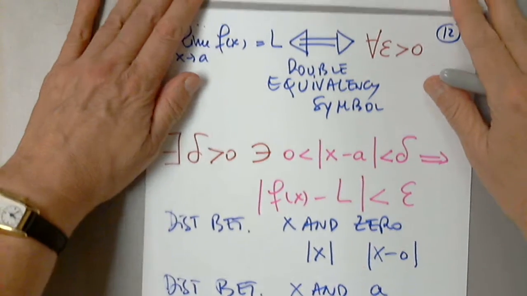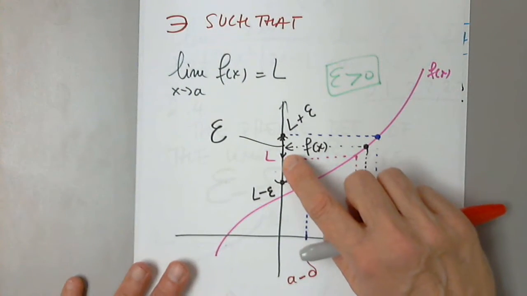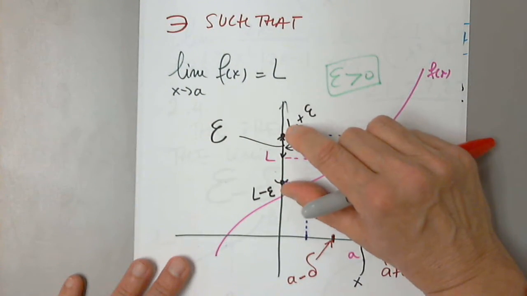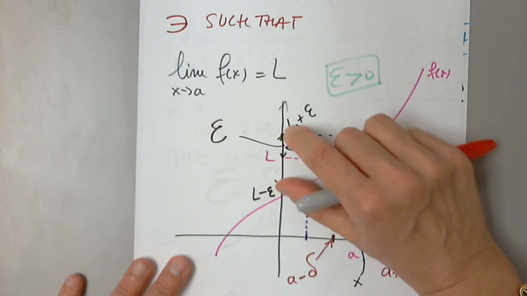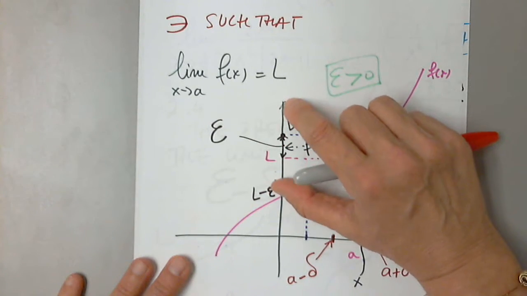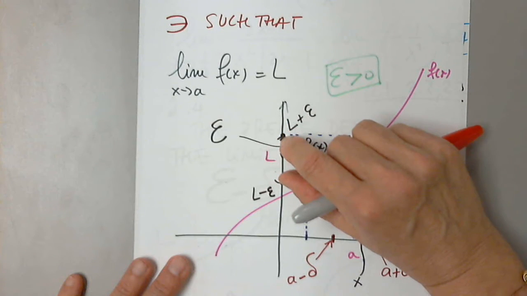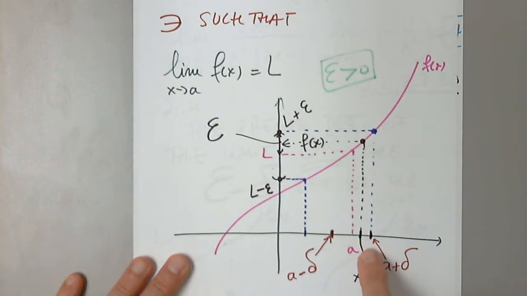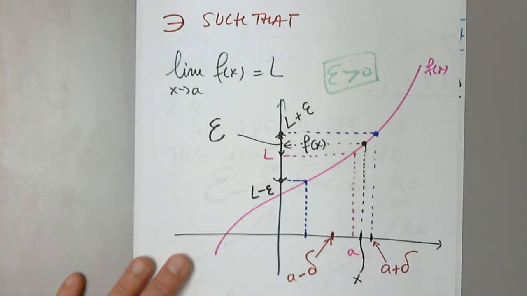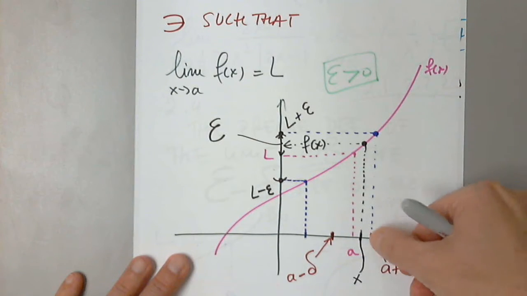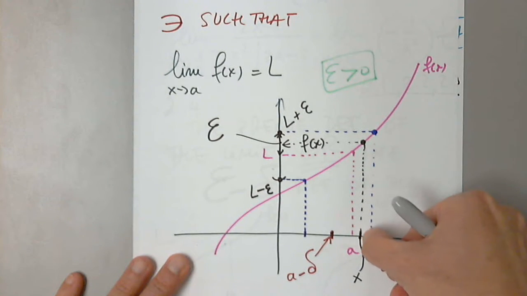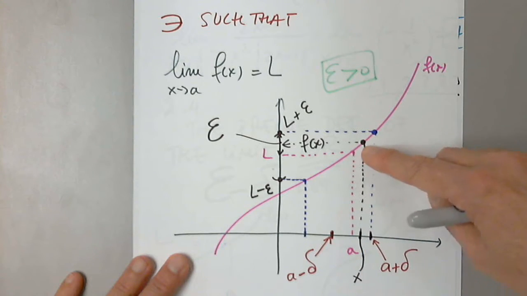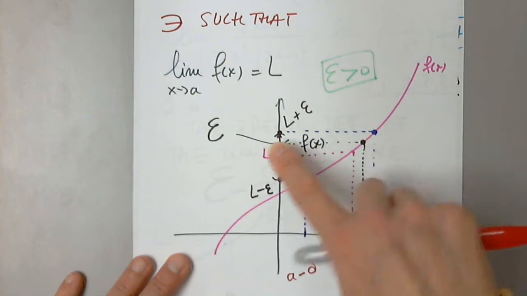Okay? Bear with me. The limit exists because for every epsilon, as small as you wanted it to be, or as large as you want it to be, but that's not the point. The point is to make it as small as possible and show that the limit always exists. So for every epsilon, we will find a corresponding delta near A such that every time we pick x within the distance between A and delta, in other words, the distance between A and x definitely has to be less than delta, the f of x will fall within epsilon.